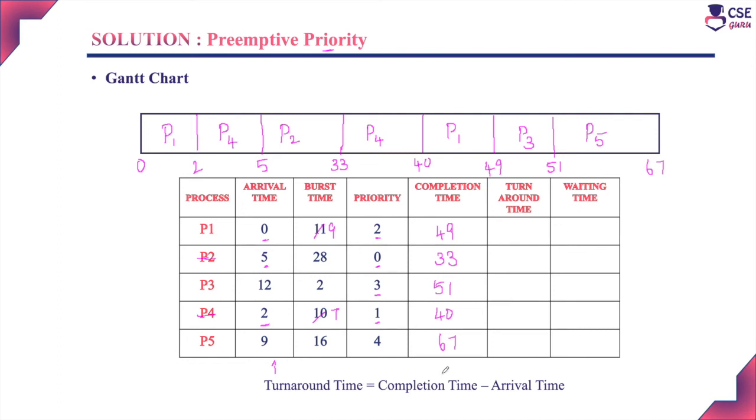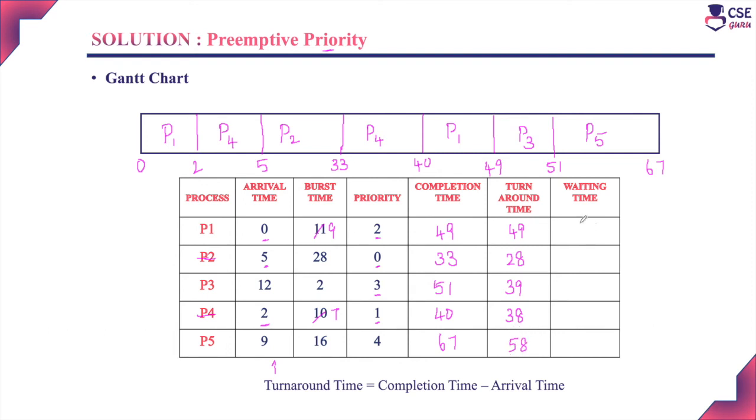We find it with the formula completion time minus arrival time. So for P1 it is 49 minus 0, which is 49. For P2, 33 minus 5. P3, 51 minus 12. P4, 40 minus 2. P5, 67 minus 9.